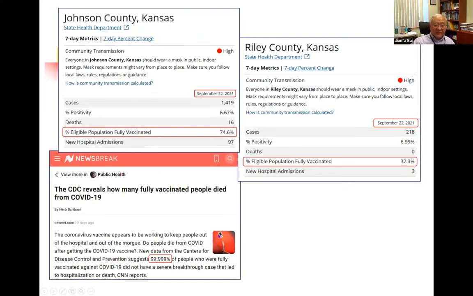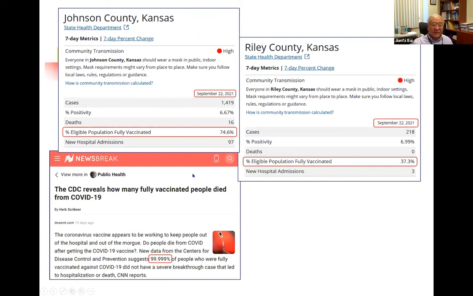So, you know, people have been arguing a lot about vaccine stuff, and wondering if vaccines still work or not.